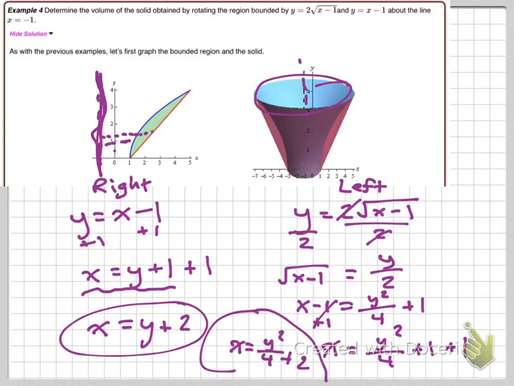Because now we're finding the difference, right, as it's rotated all the way around that axis. And that difference is going to be impacted by the fact that the radius is bigger. And it's going to then impact the size of each washer as we go through and think about the different cross sections. So now we basically have enough information to get to integrating and using just the structure we've been comfortable with.